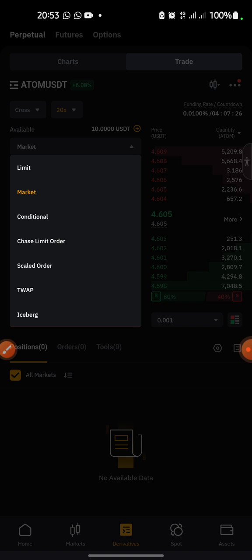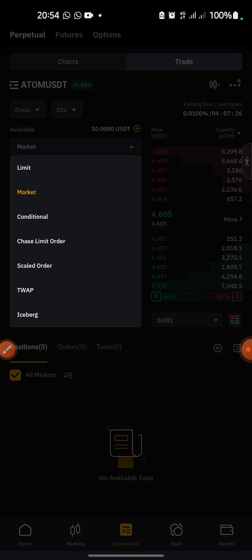Then we have market price. The way market price works, once you click on market, the trade activates immediately because you didn't set a limit price.